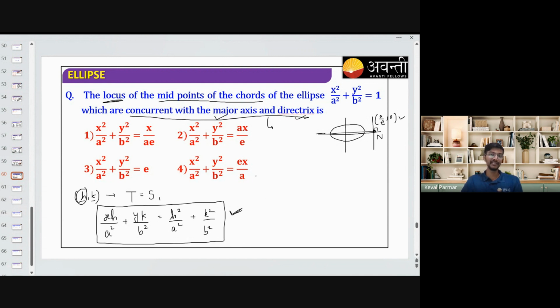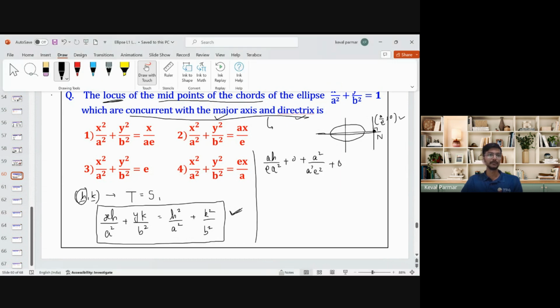That means the point must satisfy the equation. So let us substitute this point in the equation. What I'll get, guys? I'll get a h by e into a square, y is 0, plus a square upon a square e square plus 0. Sorry, here it will be equal to, right?